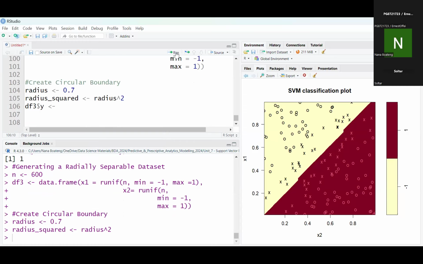We have negative ones and ones, but this time around, it's either you are within the inner circle or the outer circle. So the same if else argument we used earlier on.